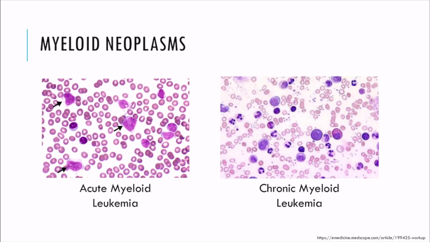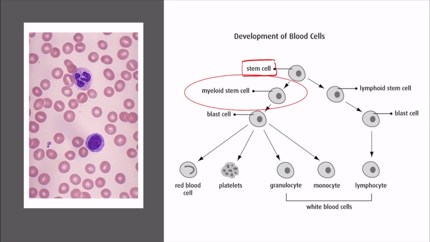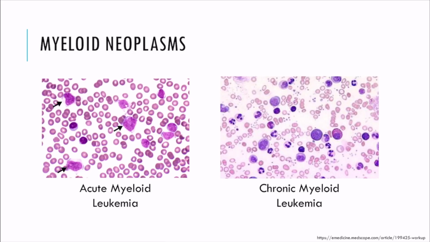And you can turn your page just to have the place where we have the notes where we actually talk about myeloid neoplasms. So myeloid neoplasms are cancers that arise from myeloid progenitor cells. So if I go back a minute, we'd call these guys here myeloid progenitor cells. So myeloid neoplasms arise from the myeloid progenitors.